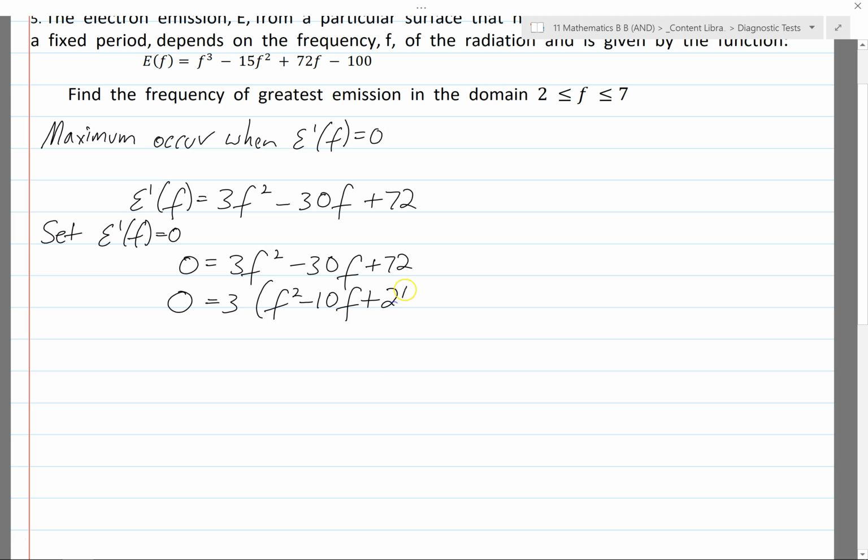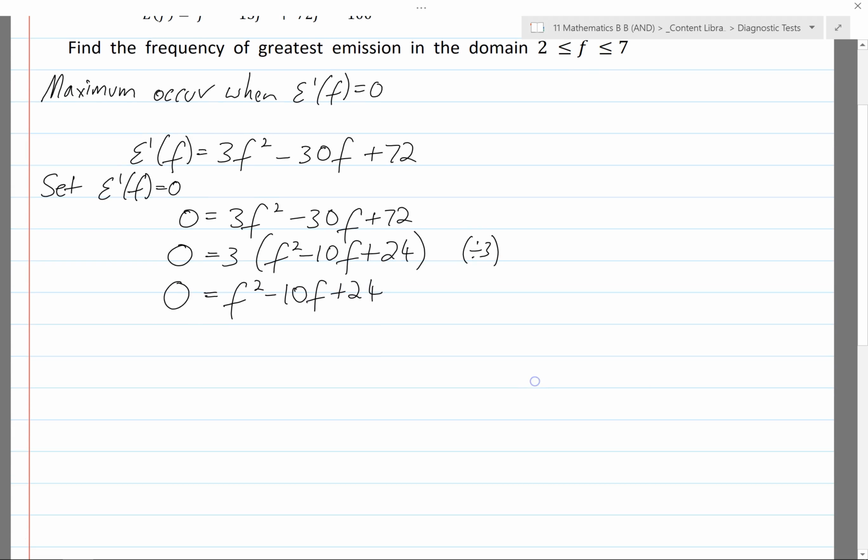It's 24. And then you can divide both sides of the equation by 3. So the left-hand side still ends up as 0, and we're just left with this simpler expression to try and factorize and solve.